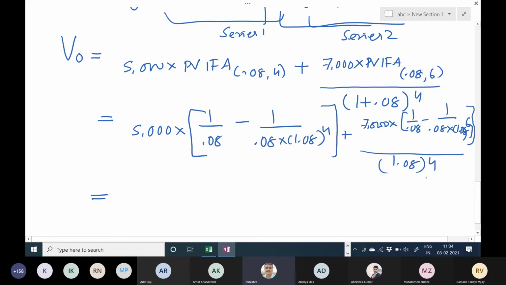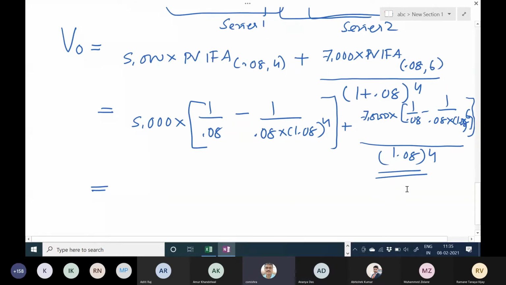That's what you're asking. Yes, sir. The previous step, why are we adding 1 with 0.08? Oh, that is the formula. Oh, okay, sir. 1 plus r, you have 1 plus r to the power.